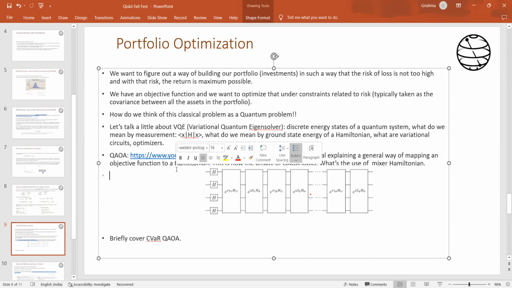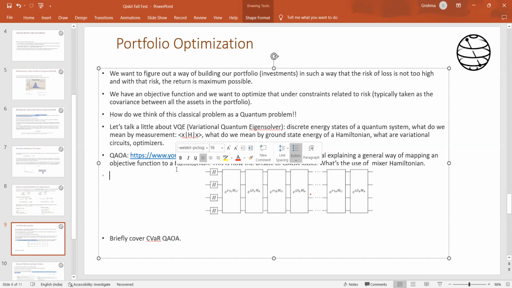The constraints we'll have would be based on the risk. As I said earlier, you would want a portfolio which is diverse. You don't want things to be correlated, and you don't want everything to have a loss at the same time. One way of assessing the risk in your portfolio is taking a covariance between all the assets in your portfolio.